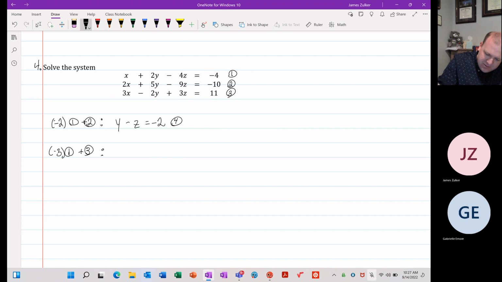Again, the x's drop out. -8y plus 15z is equal to 23. All right, we'll call that equation number 5. These two systems are equivalent systems, meaning they have the same solution.